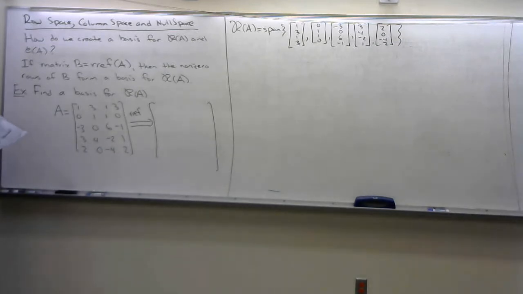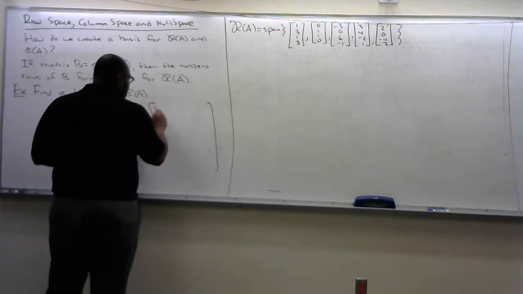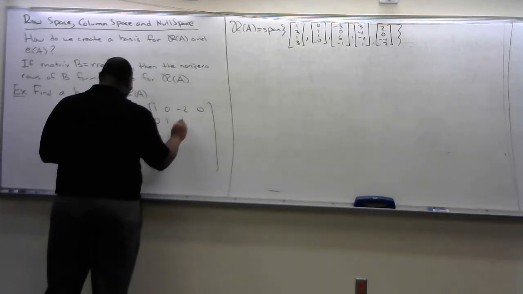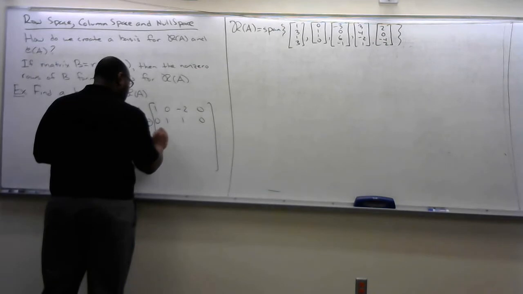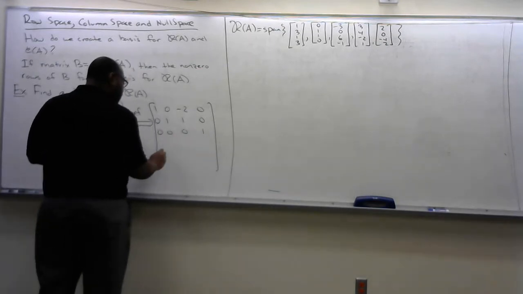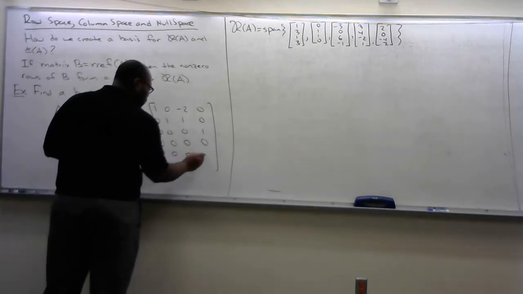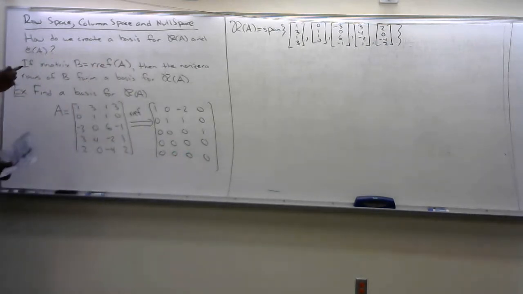When we do that, we get 1, 0, negative 2, 0, 0, 1, 1, 0, 0, 0, 0, 1, and then we have 2 rows of all zeros. So I have 2 zero rows at the bottom, and all the other rows are non-zero.